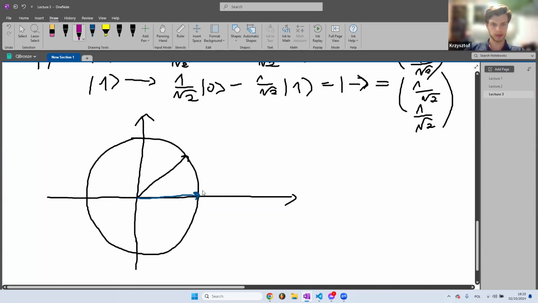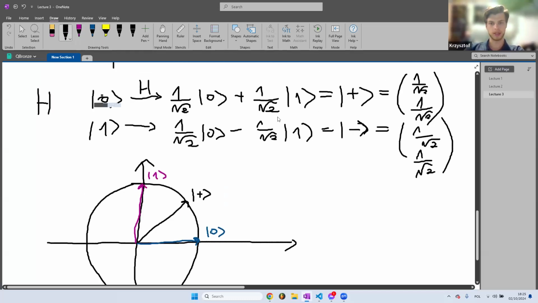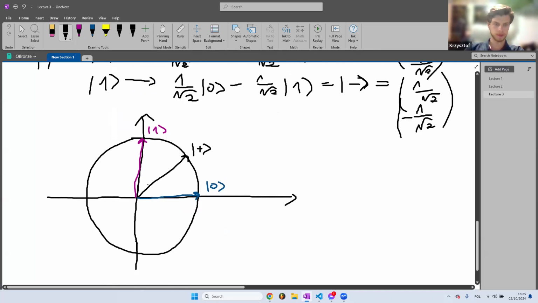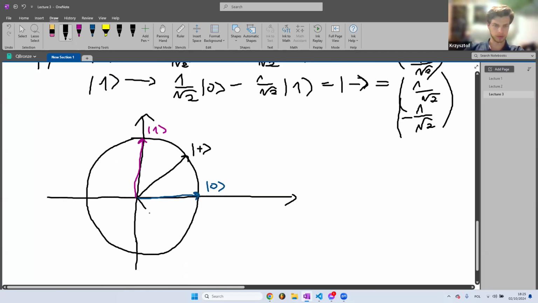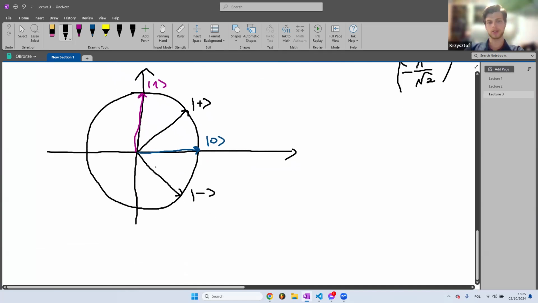So this is our 0 state, and this is our plus state. But now the 1 vector, after applying the gate, I'm sorry, I forgot the minus here, gets transformed to 1 over square root of 2 and here goes the minus, so it gets transformed to something like this. Here's the minus.